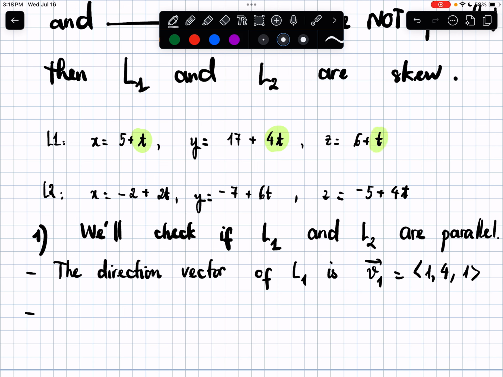The direction vector of L2 is V2 equal to 2, 6, 4.